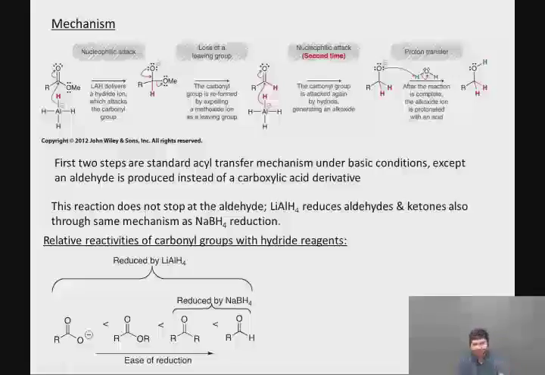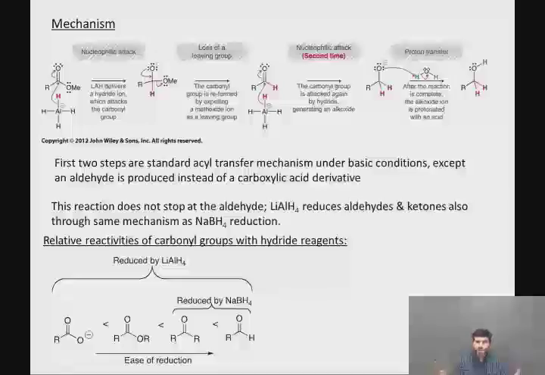Aldehydes and ketones are reactive enough to be reduced by sodium borohydride. Then you get esters and, as we'll see in a minute, even carboxylate anions, which will not be reduced by sodium borohydride, but will be reduced by lithium aluminum hydride. And note that all 4 of these functional groups will get reduced by lithium aluminum hydride.